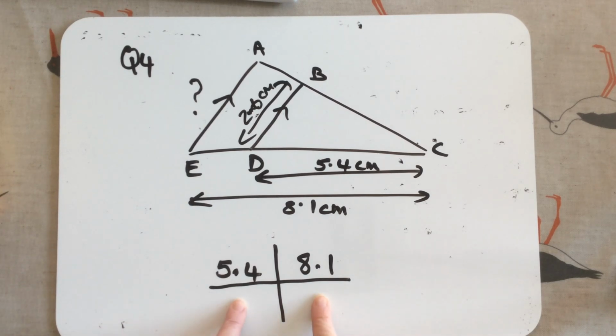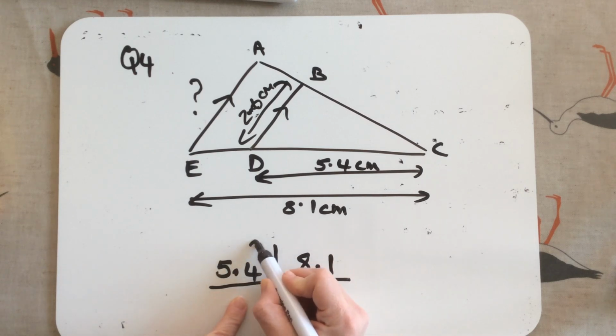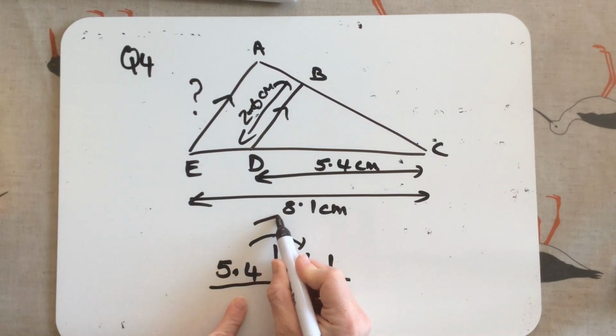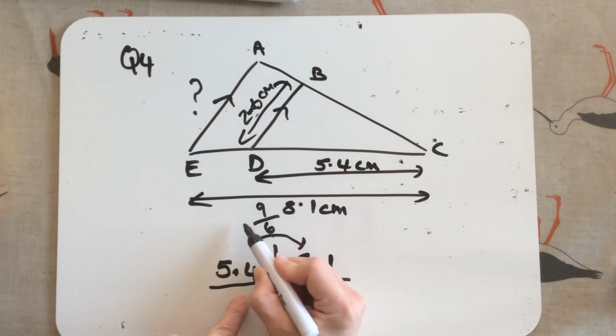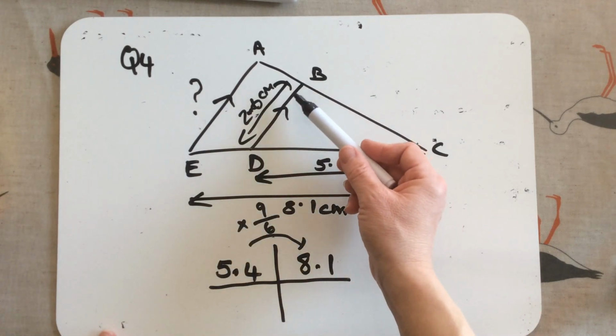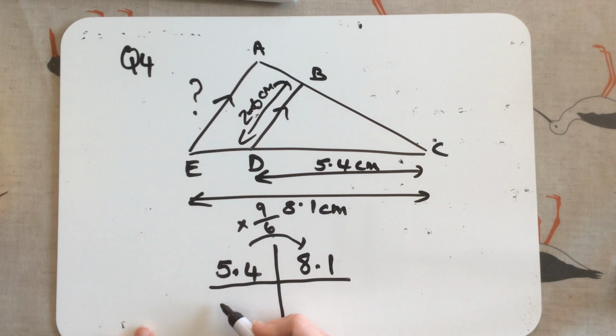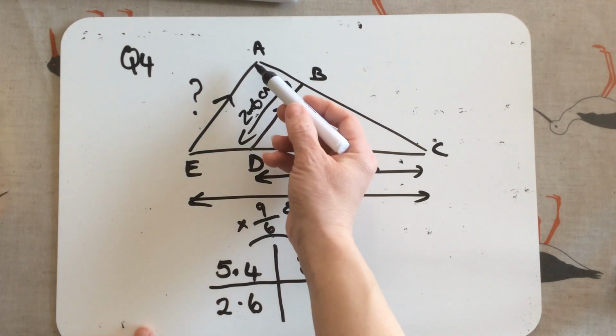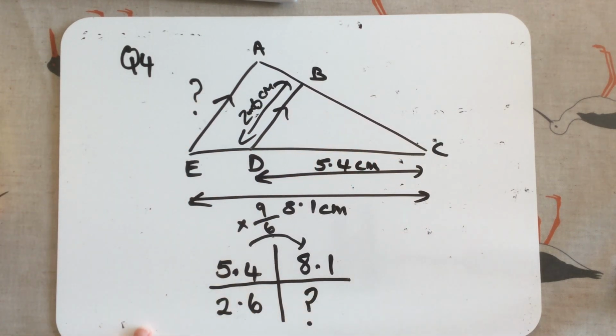Now, although these are decimals, you'll probably recognise these as being numbers which appear in the 9 times table, at least 54 and 81 does. So if I divide by 6 and multiply by 9, divide 5.4 by 6, that will give me 0.9, and then times by 9, that will give me 8.1. So this is the side in the smaller triangle, 2.6, and I've got to find the corresponding side in the bigger triangle.